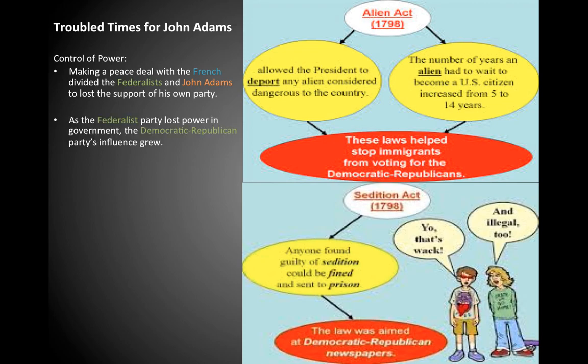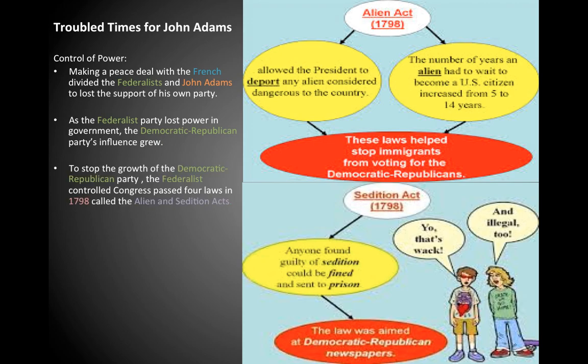As the Federalists lost power in government, the Democratic-Republican party's influence was growing. They were gaining the support of a larger population of the country, especially new immigrants, people who were coming from other countries. The Democratic Republicans were gaining their support.